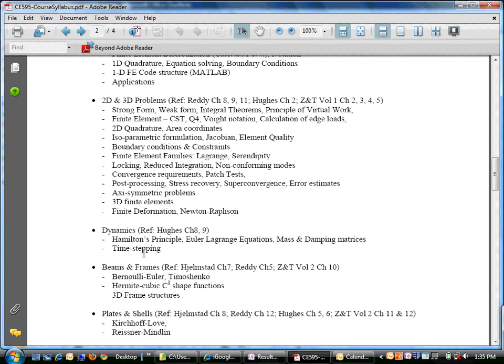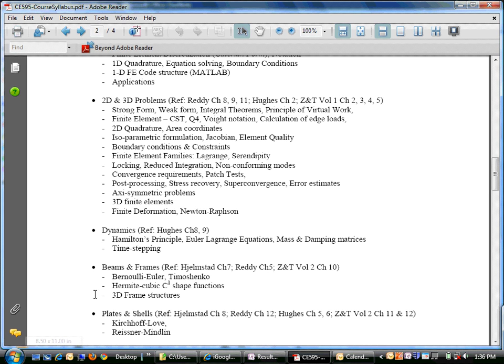How many of you are familiar with the Newmark method? Maybe if you've taken structural dynamics. In terms of finite elements, dynamics is not that difficult to do. All you need is an extra mass matrix, and all the machinery that you might have learned in structural dynamics will just apply straight away.